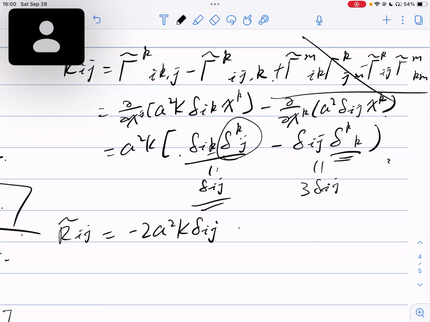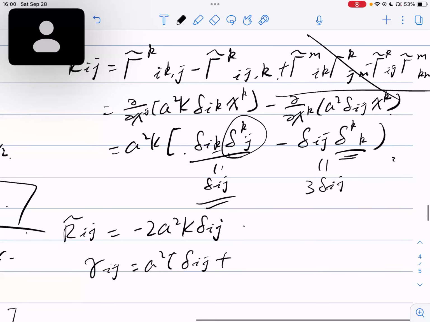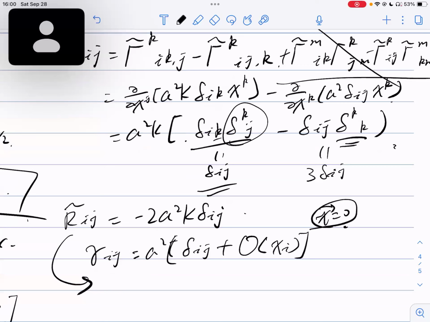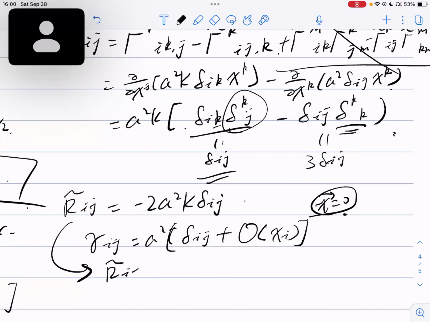And notice that this gamma ij equals a square delta ij plus something else of higher order in xi. If we choose exactly x equals 0, the origin, the metric is just a square times delta ij. So this expression can be rewritten as Rij equals minus 2k gamma ij.